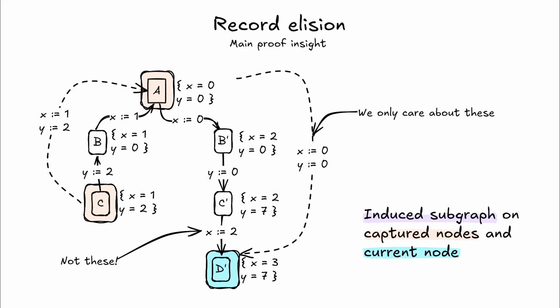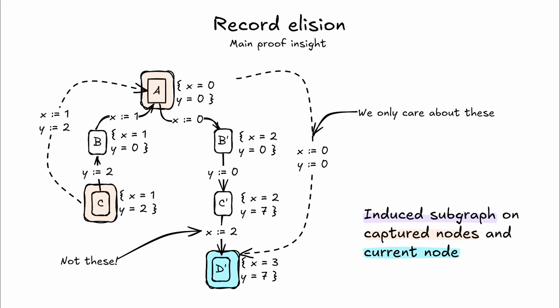This is one insight from the proof that I want to share, because I think it's interesting and kind of relevant. The idea of the proof of record elision is that we can create a smaller graph that only includes the captured nodes and the current nodes. And in fact, in the semantics of the data structure, from the point of view of the user, we only care about those big edges between those big nodes, those nodes that are captured or current nodes.